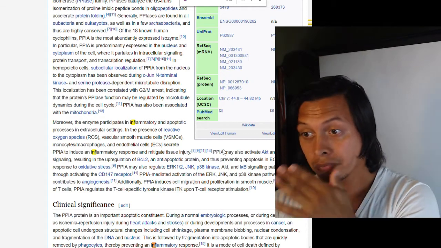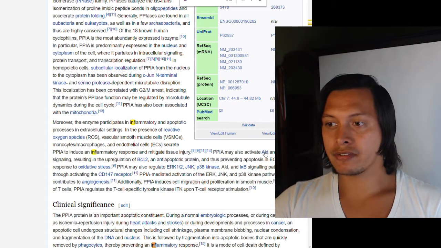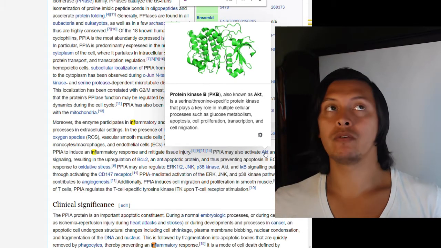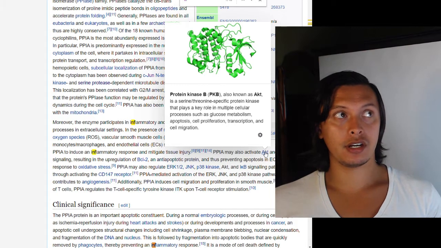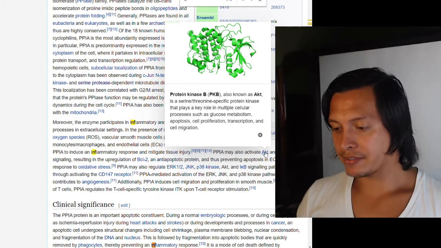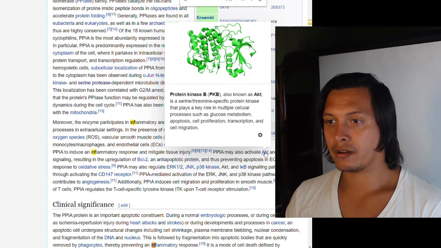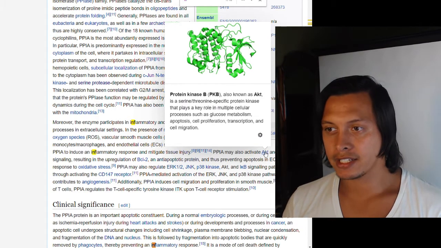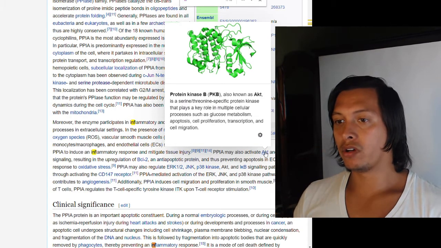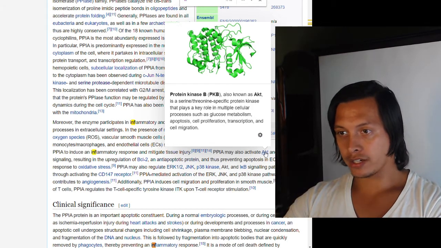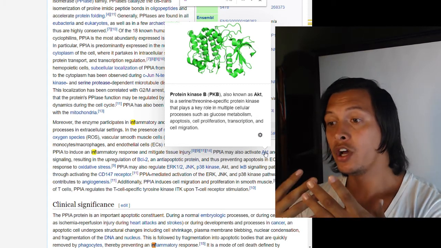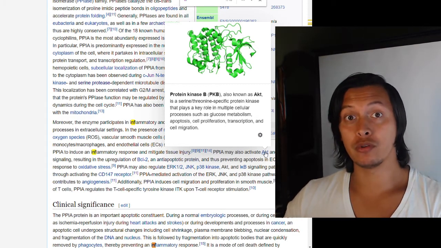So cyclophilin A may also activate AKT, which is a protein kinase. Kinases will add phosphate groups to something, so by activating AKT, it will cause phosphorylation, or add phosphate groups to a bunch of proteins that can cause them to degrade later.